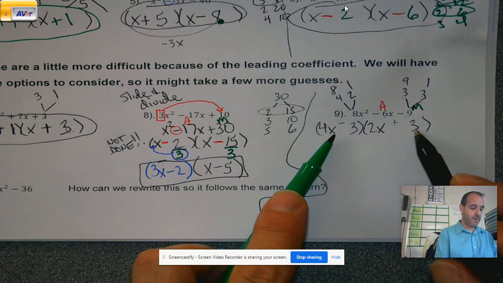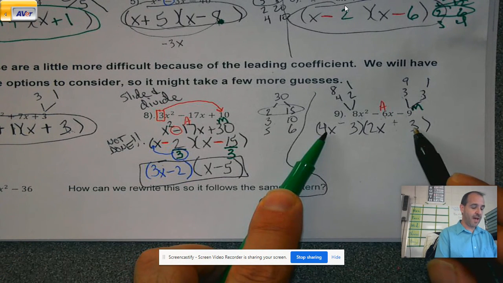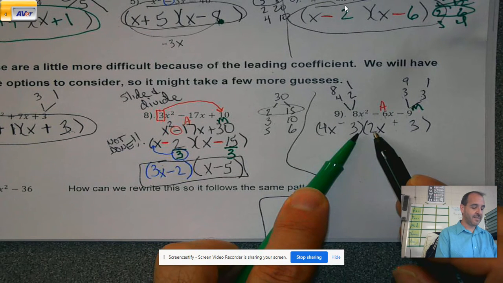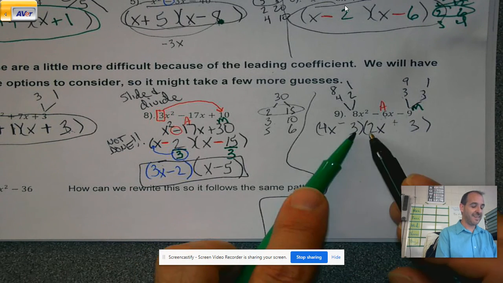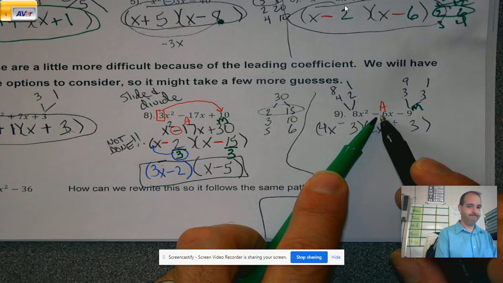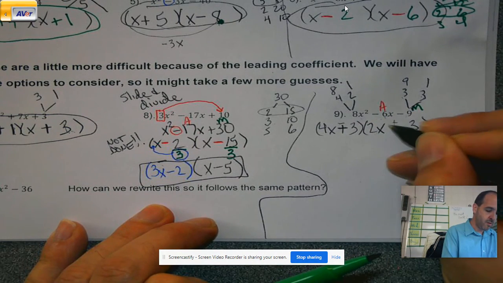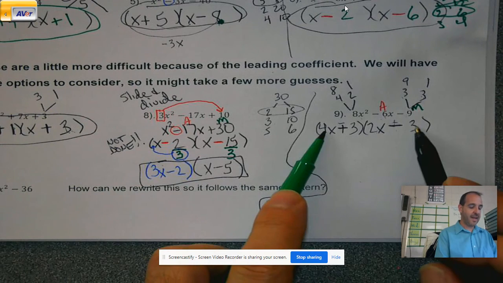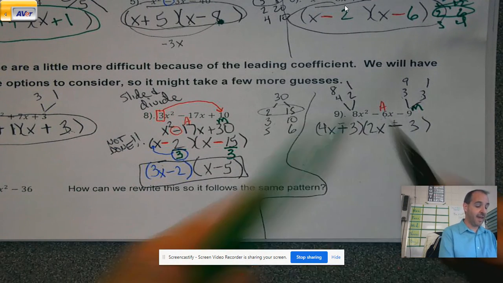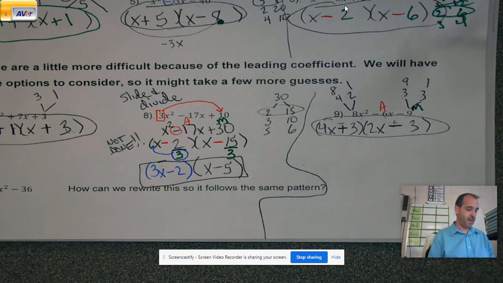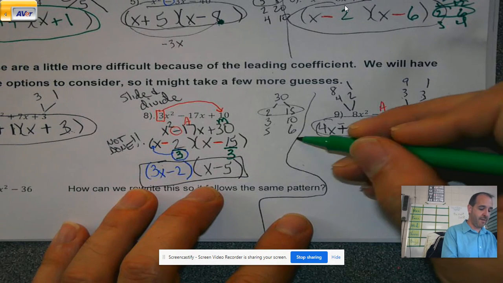So that would be 4x times 3 is 12x, and -6x. Is 12 minus 6 -6? Nope. Is -12 plus 6 -6? Yes. And I'm good. Okay? That would be our guess and check method of going here.